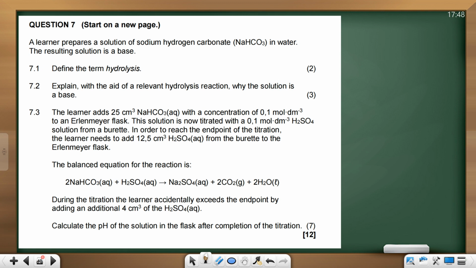All right. So pH is equal to negative log concentration of hydronium ions, right? Now, the concentration of hydronium ions will be equal to 10 to the power of negative pH.